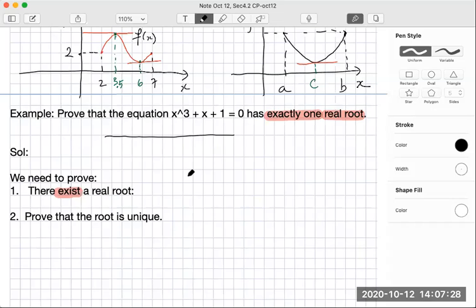We have studied together, and there is one theorem that proves there exists a solution in some interval. Do you remember?